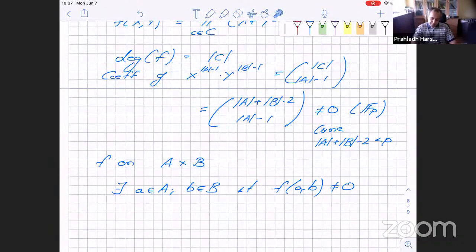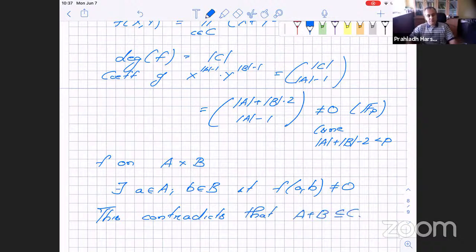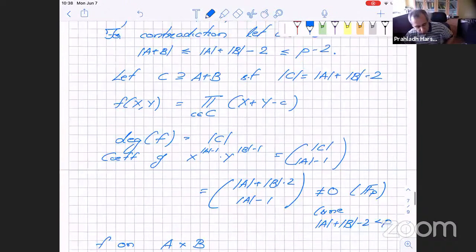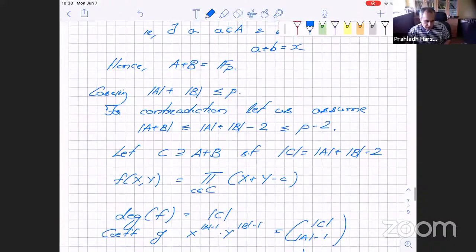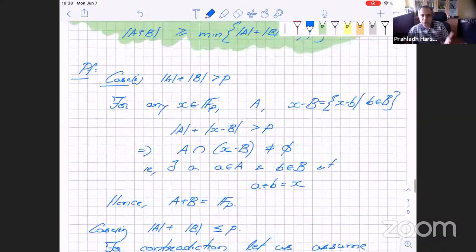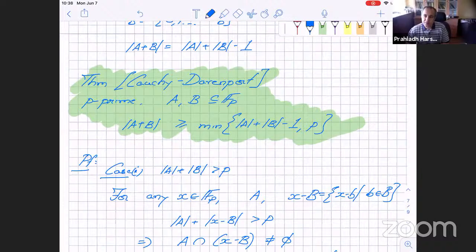This contradicts that A plus B is contained in C. And hence the size of A plus B is at least mod A plus mod B minus 1. So I don't know the original proof of the Cauchy-Davenport theorem, but this is the proof via the combinatorial Nullstellensatz.